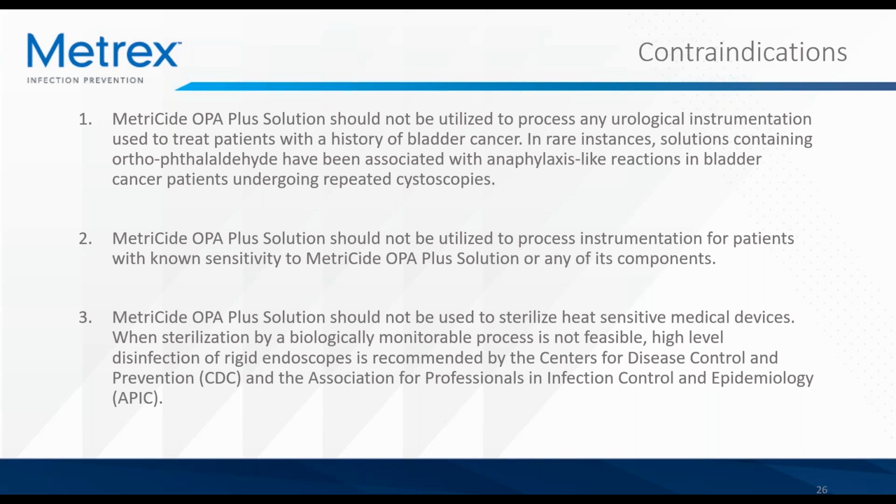MetriCide OPA+ solution also should not be used to sterilize heat-sensitive medical devices when sterilization by a biologically monitorable process is not feasible. High-level disinfection of rigid endoscopes is recommended by the CDC and APIC.